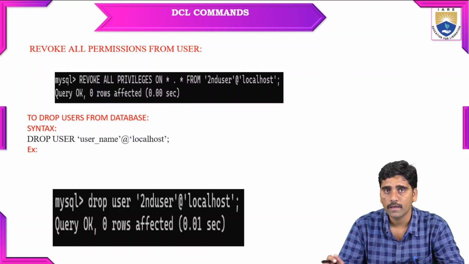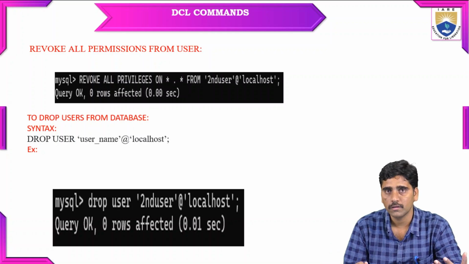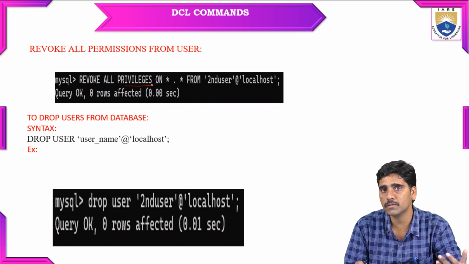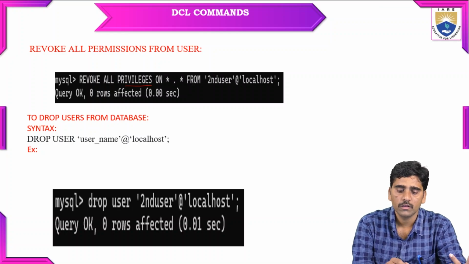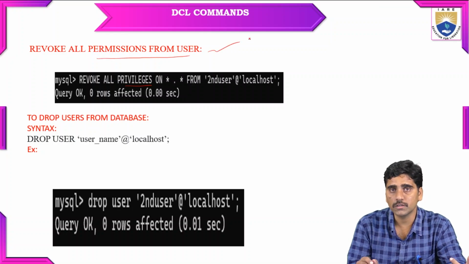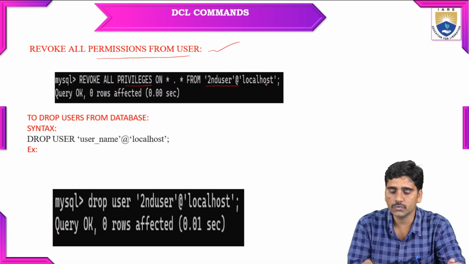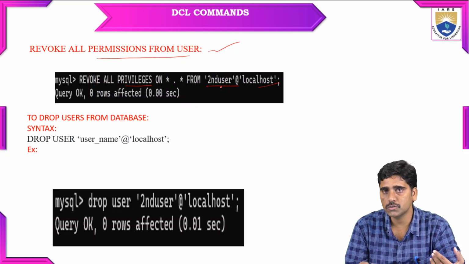To revoke permissions, we can use the revoke all privileges command. If you want to revoke all the privileges from the user, use revoke all privileges on *.* from second user@localhost. That indicates from which user I am revoking all privileges.